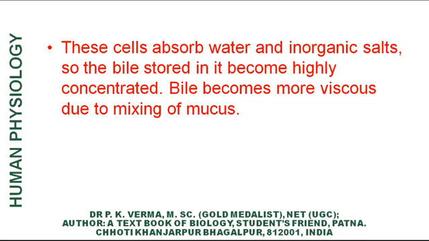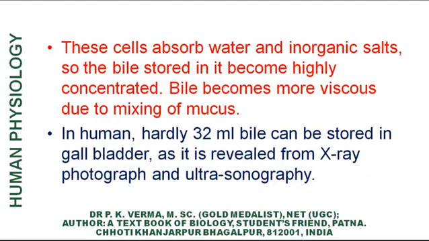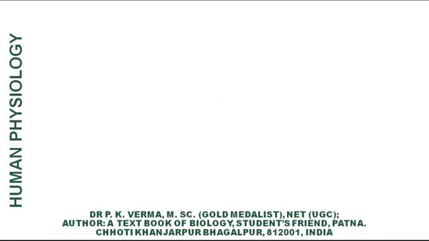Bile becomes more viscous due to mixing of mucus. In humans, hardly 32 milliliters of bile can be stored in the gallbladder, as is revealed from X-ray photograph and ultrasonography.